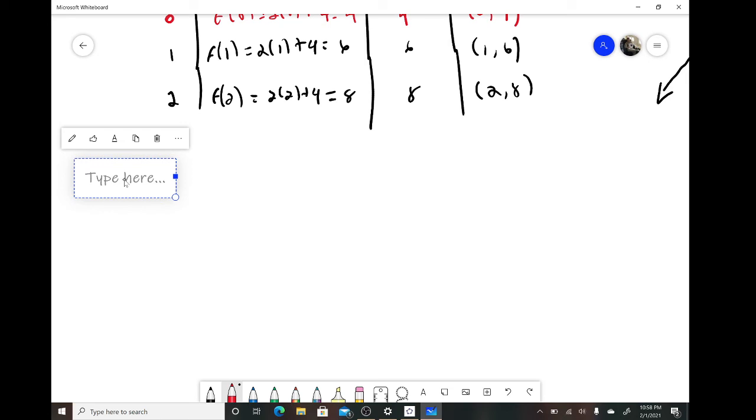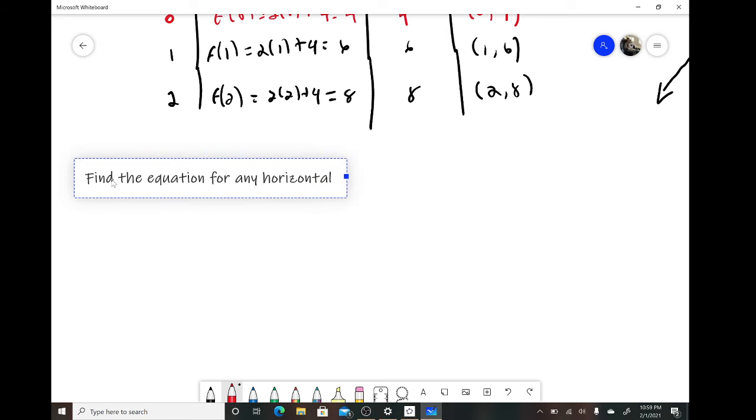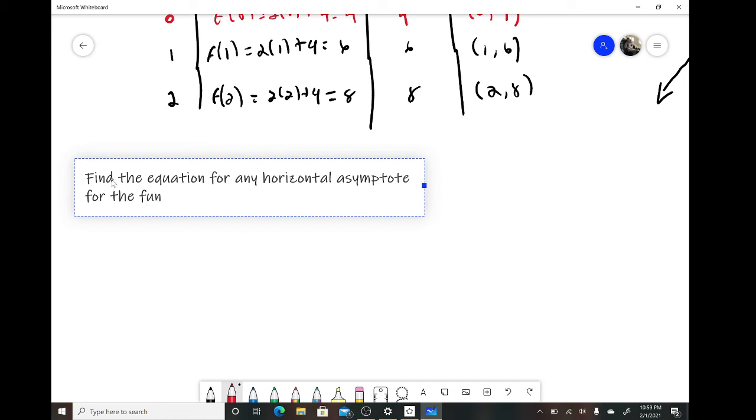Right, so let's find the equation for any horizontal asymptote for the function given.